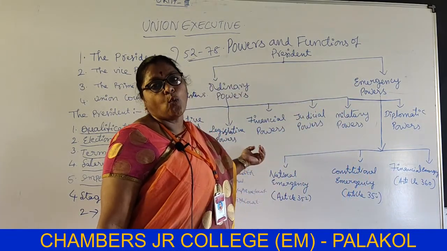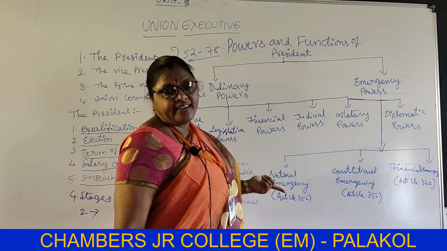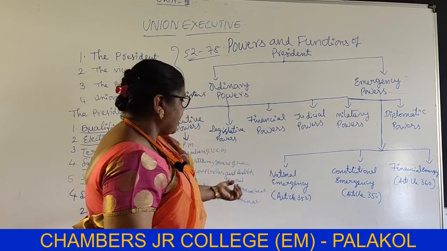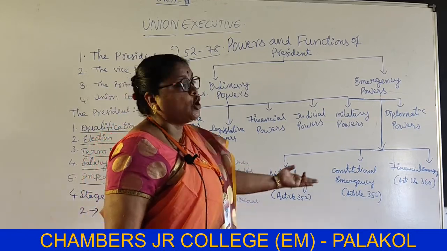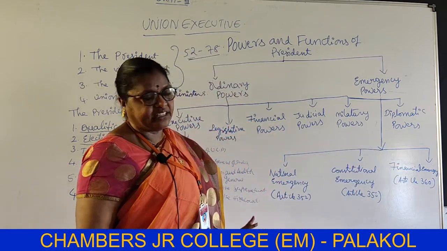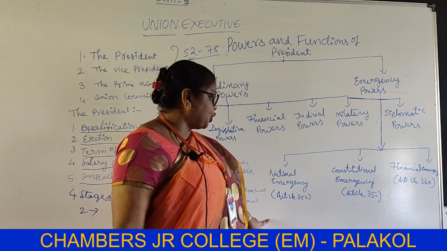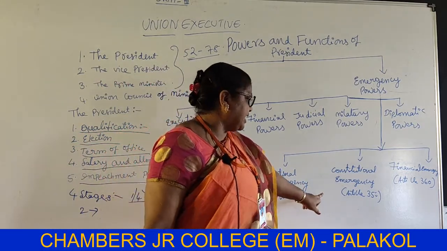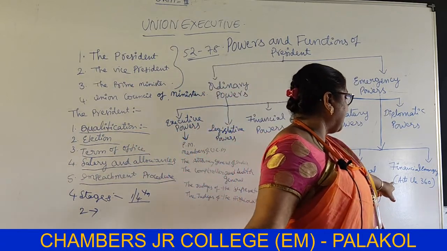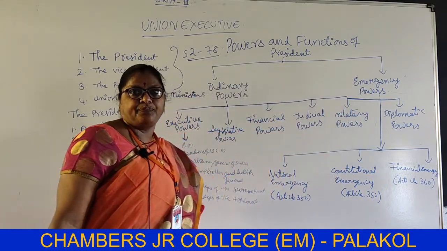See once again, what are the emergency powers of a president? 3 emergency powers are there for the president: national emergency, constitutional emergency and financial emergency. National emergency is discussed in Article 352, constitutional emergency in Article 356 and financial emergency in Article 360.